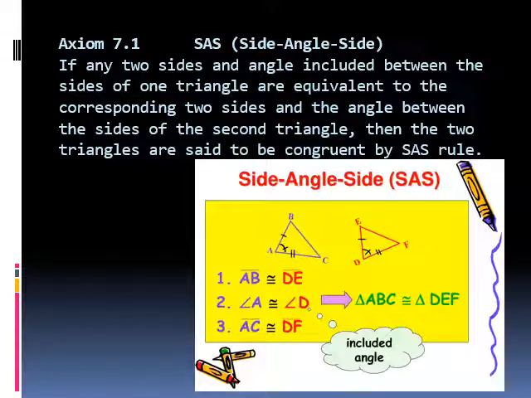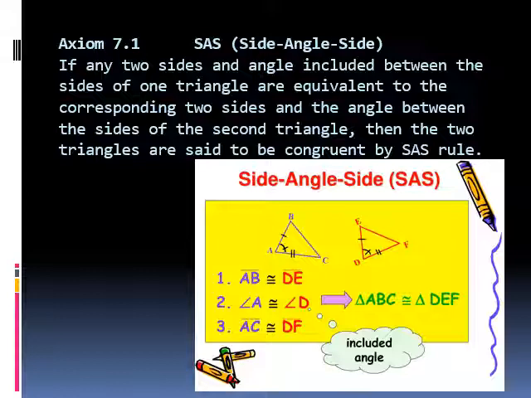After that, what do we have to observe? We have to observe the angle. The angle which we have taken here, A and D, are special angles known as the included angle. We cannot take any other angle unless it is the angle between the two sides, that is, the included angle. So that's our SAS axiom.